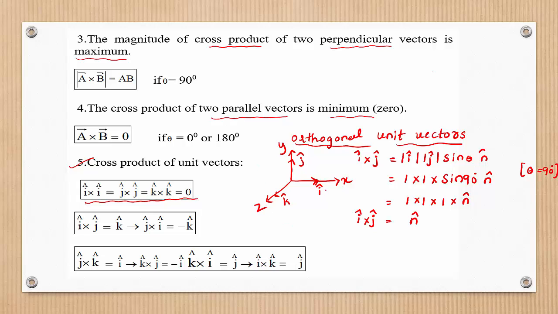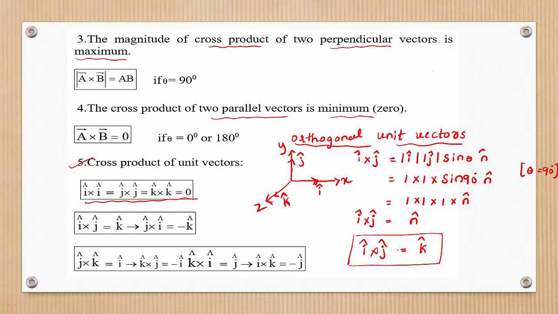When you consider z and x, y is perpendicular, because all three axes are mutually perpendicular to each other. When you move your right hand from i to j, the thumb is outward, which means it is along the z axis. So which vector do we have to consider? k cap. So i cap cross j cap is equal to k cap. Why do we write k cap here? Because that gives the direction, and its direction is perpendicular to the two vectors.